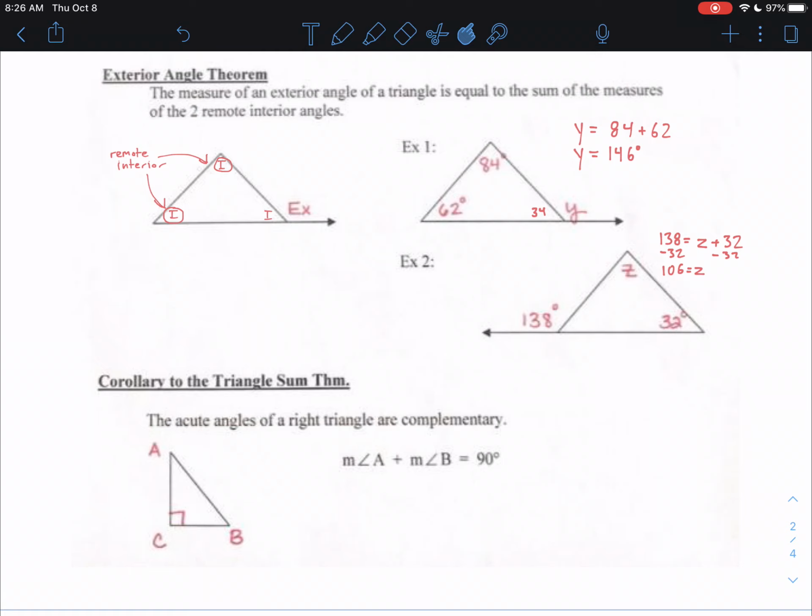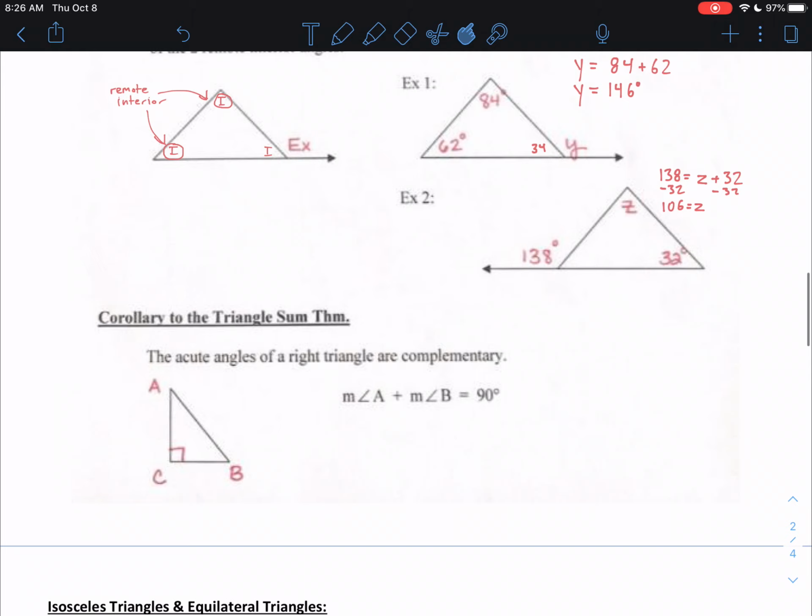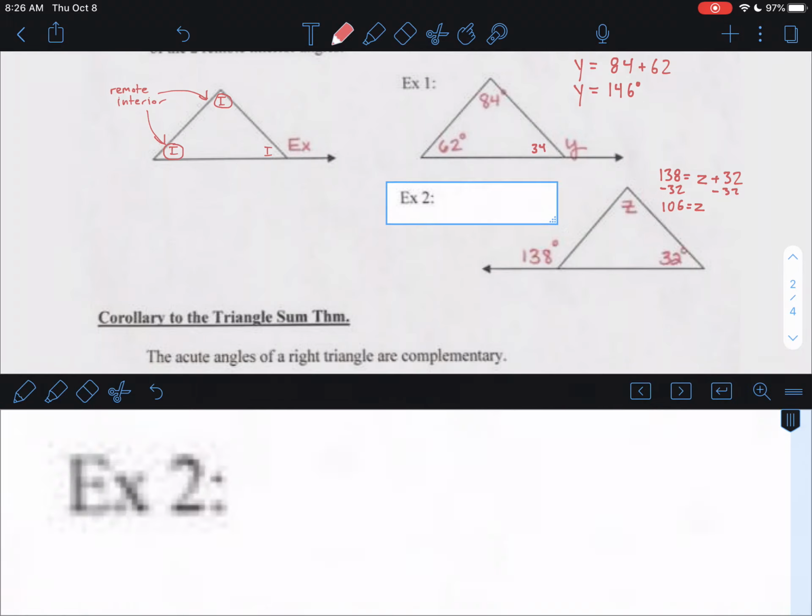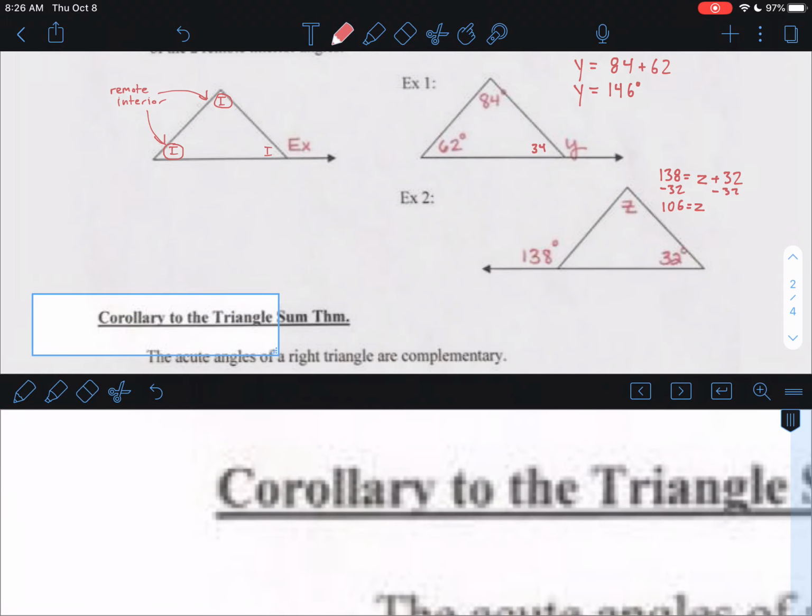Okay. And the last thing we have today is this corollary to the triangle sum theorem. We already learned the triangle sum theorem, and a corollary is a new word that we haven't seen yet. A corollary is like an additional rule after a first rule is proven. Once they proved the triangle sum theorem, they said, now that we know this, we can also say this rule about right triangles, because that's what this corollary is about.